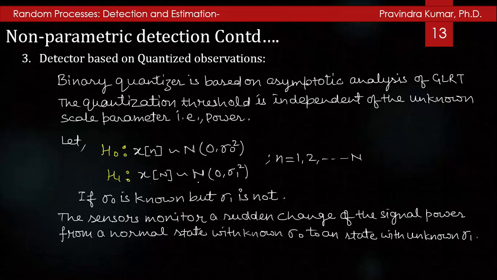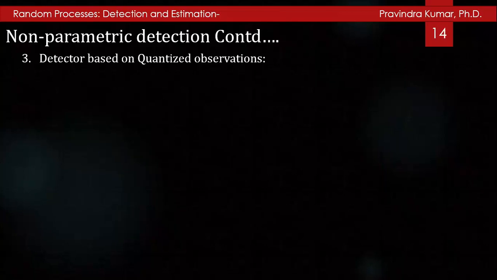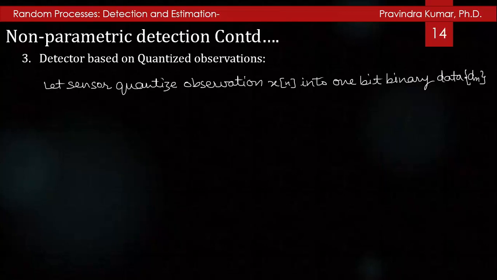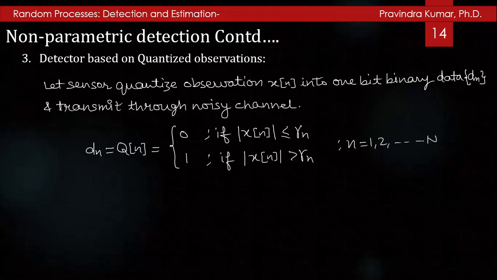Consider the case when the sensor quantizes observation Xn into one binary data Dn and transmits it through the noisy channel. Then Dn is the quantized Xn: it will be 0 if Xn is less than or equal to gamma n, and it will be 1 if Xn is greater than gamma n. Gamma n is the threshold here.